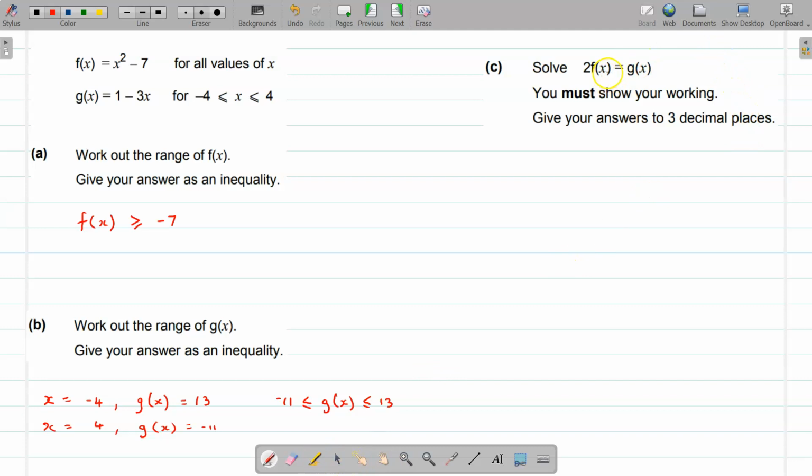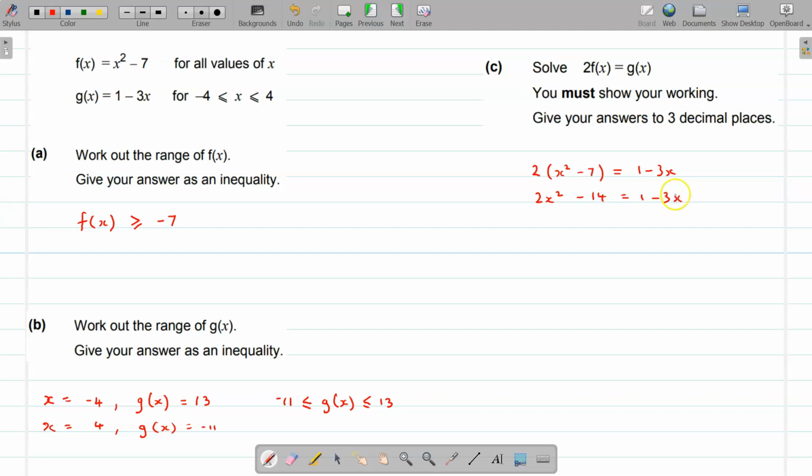And then we solve this equation, 2 lots of f of x equals g of x. So we simply write that as it is. 2 lots of f of x is 2 lots of x squared minus 7, and that has to equal g of x, which is 1 minus 3x. So basically I'm going to be solving a quadratic. I get 2x squared minus 14 equals 1 minus 3x.